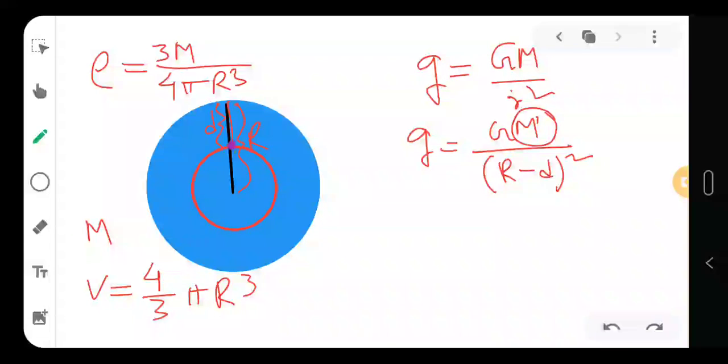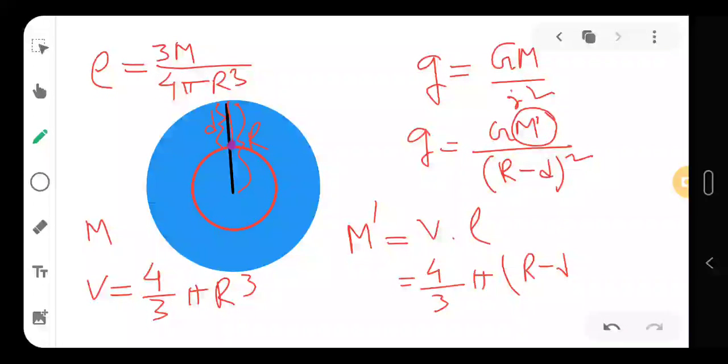The radius you can see here is r minus d, so the mass m prime will be volume into density. The volume is 4 by 3 pi. Now see, what is the radius? This much is my r minus d. So this will be r minus d cubed.